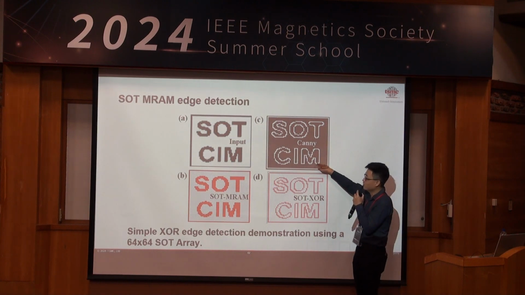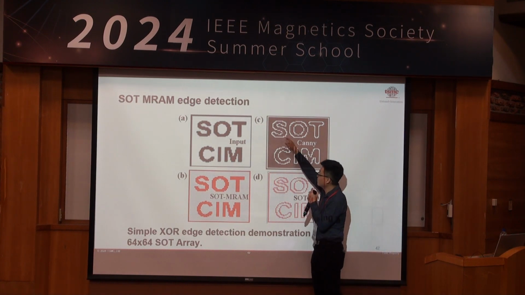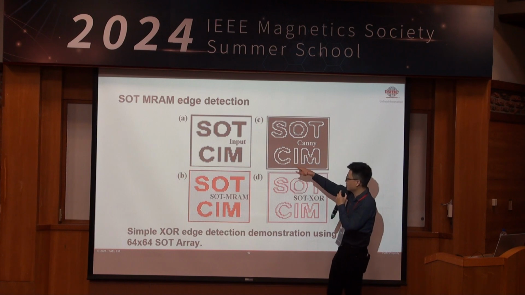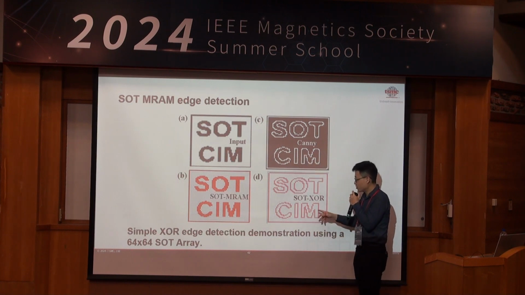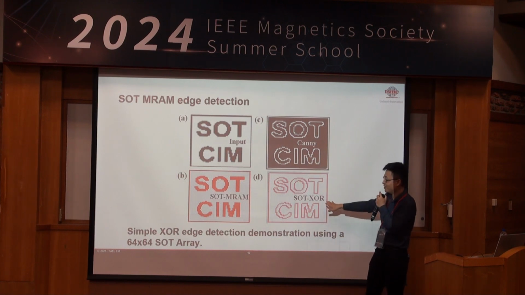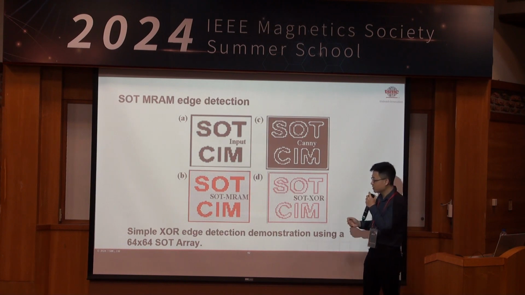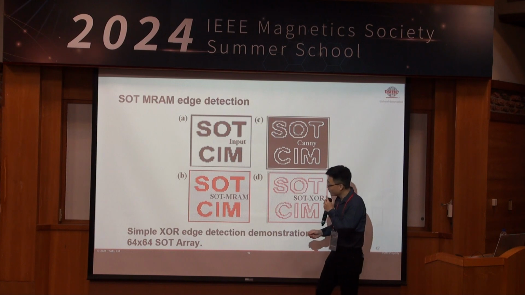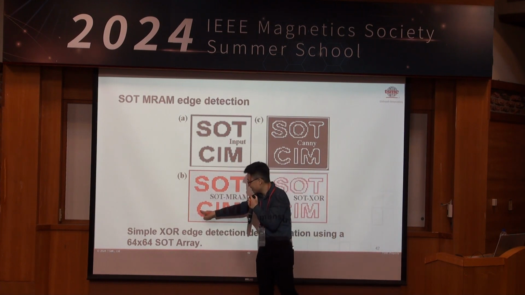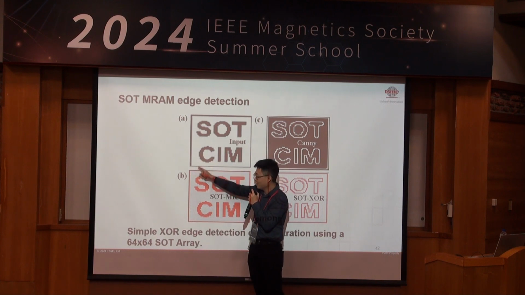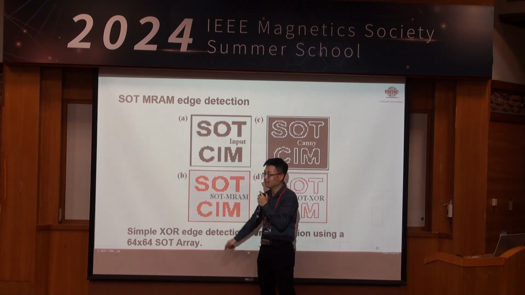This edge detection looks quite good, so we can map out the SOT-CIM image edge. Then we try it on our device, on our 64 by 64K array. It also looks quite good. But if you look carefully, there is an error bit. In the middle of this C, it's actually black, but turned out to be a white one.